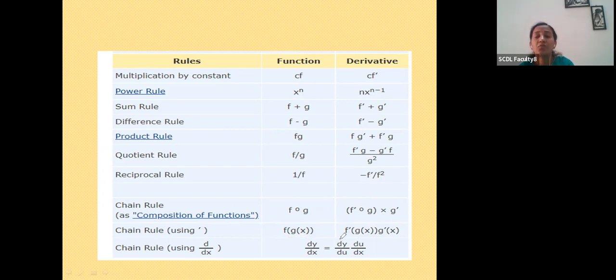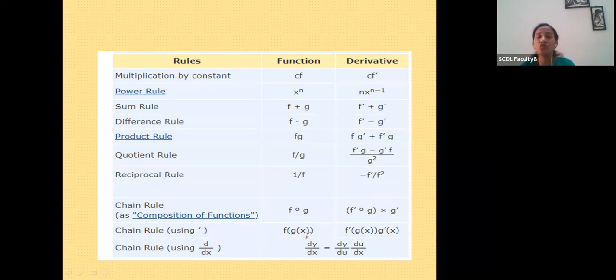When such a chain rule function is given, first of all make the derivative of g of x, meaning whatever term is present inside the bracket. Inside function first, make the derivative: f dash g of x, and then g dash x. First make the derivative of g of x and afterwards the derivative of x.